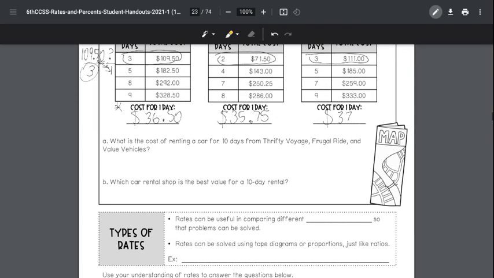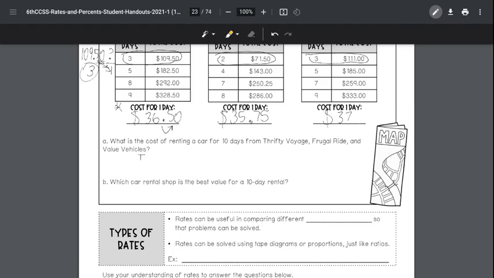Okay, so part A. What is the cost of renting a car for 10 days from Thrifty Voyage, Frugal Ride, and Value Vehicles? Well, we know that we can multiply by 10 using our calculators, or even faster, multiplying it by 10 means the decimal point is moving 1 spot to the right.